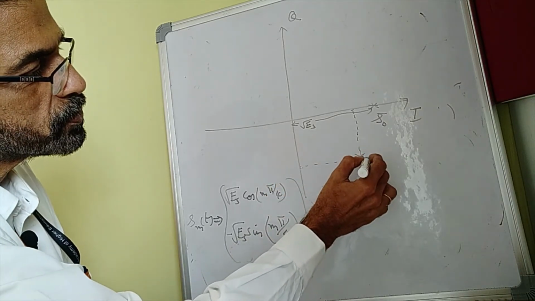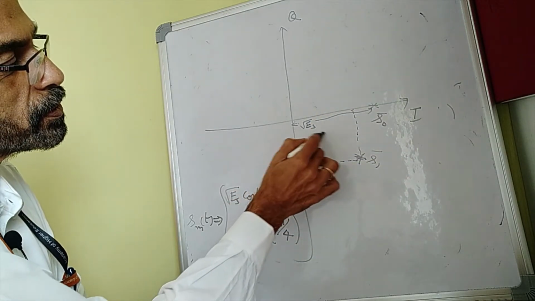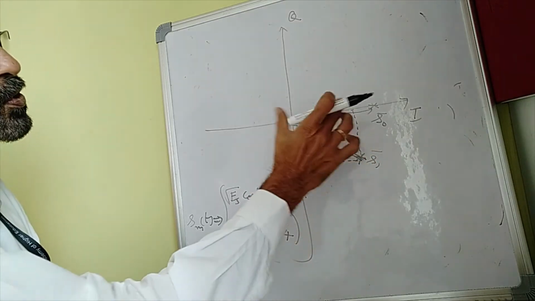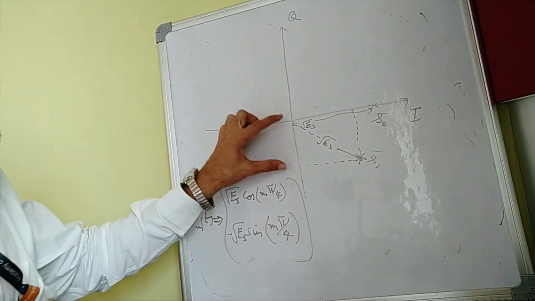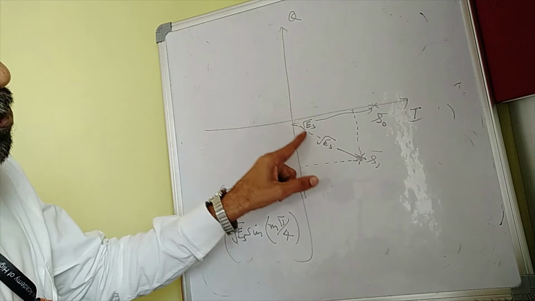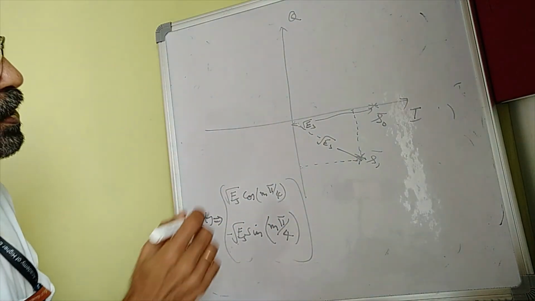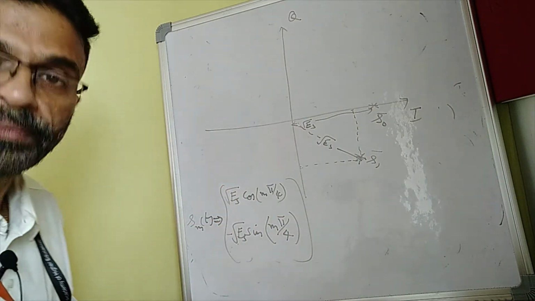So this becomes S1, and again this will be root Es, because this is root of Es by 2, this is also root of Es by 2 magnitude wise, so this has to be root Es, simple trigonometry.